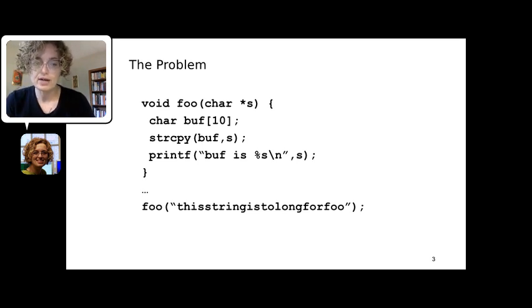And therefore, programs may crash because parts of the memory get overwritten, because the language doesn't offer protections. The function string copy doesn't check if there's sufficient space to copy S to buffer.